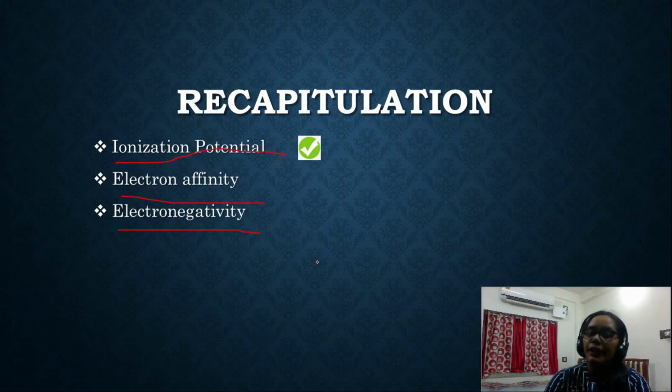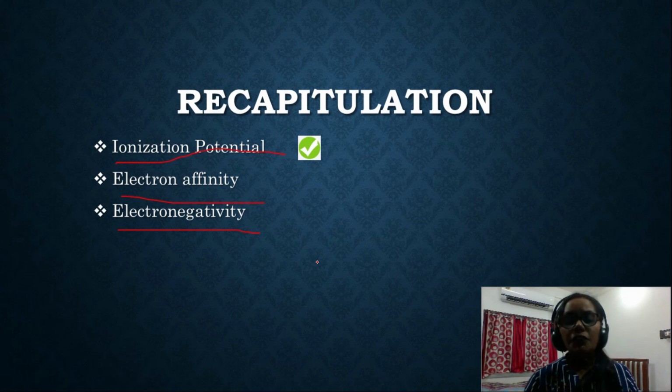Again we saw the definition: it is the property of pulling the bonded electrons towards itself. That is called electronegativity. We also saw the trend of electronegativity in the periodic table.